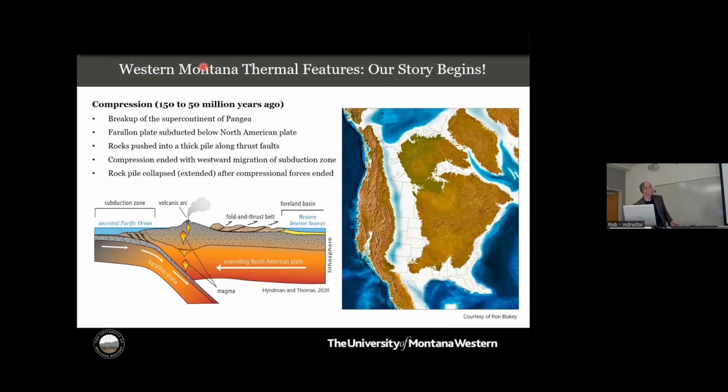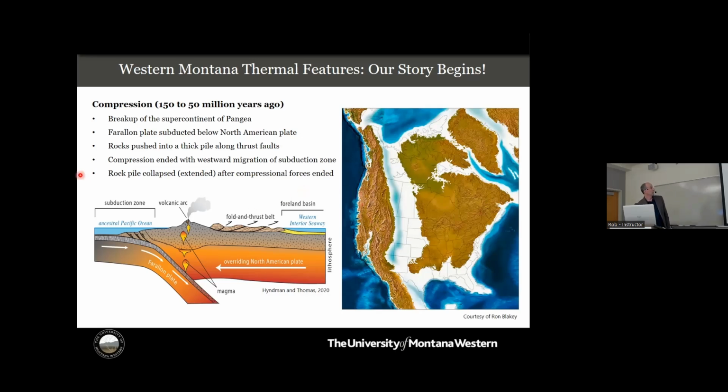Okay, here it is in cross section. And these mountains that were in the western part of Montana were from convergence. So this is from two plates colliding with one another, not pulling apart. At this point in time, Montana is a collisional plate boundary.